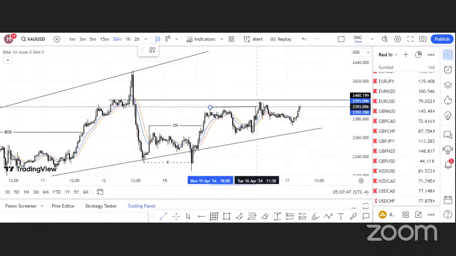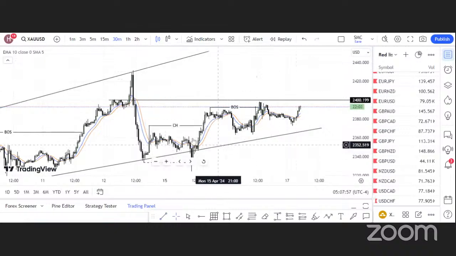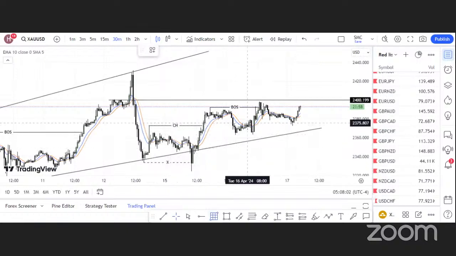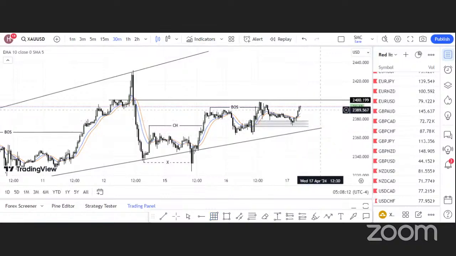So let me start by drawing my breakout structure. Let me see if there's a breakout structure happening around that area. If it's a valid breakout structure, then we can expect the price to move even higher.